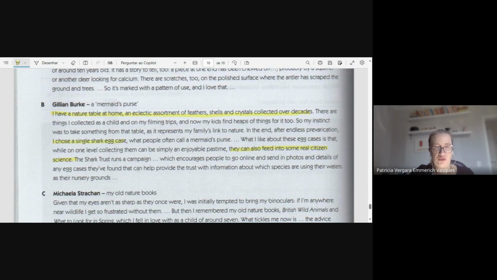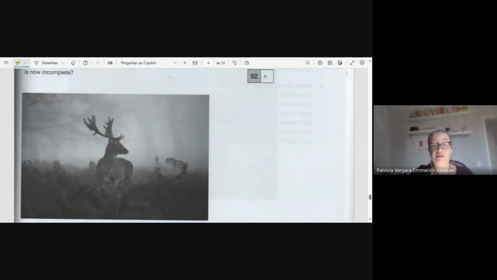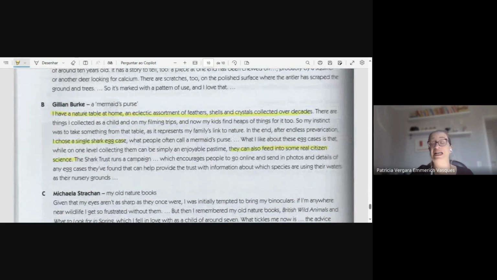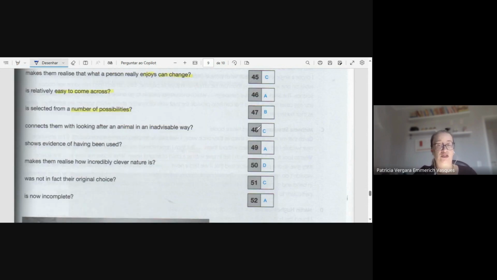What was the question here? 47 is selected from a number of possibilities. So the person is enumerating everything he has. Okay, a nature table, an eclectic assortment of feathers, shells, crystals collected over decades. But out of all these possibilities, I chose a single shark egg case. Okay.